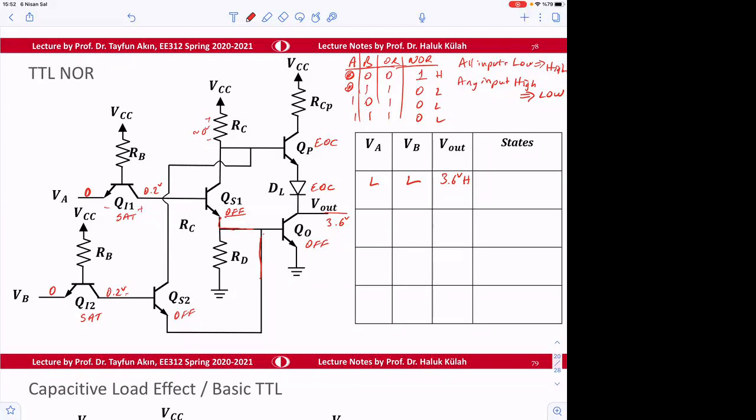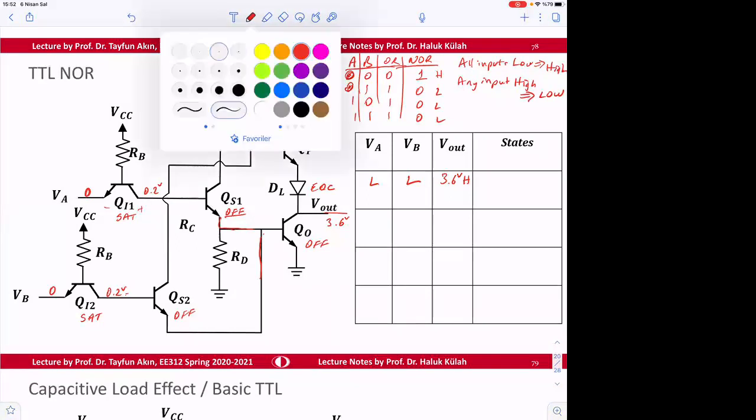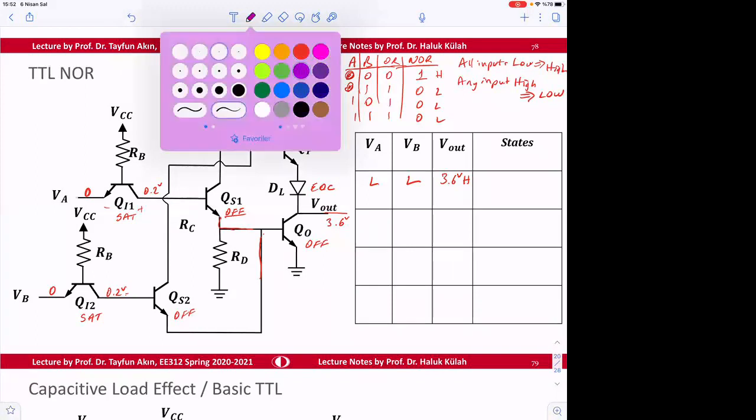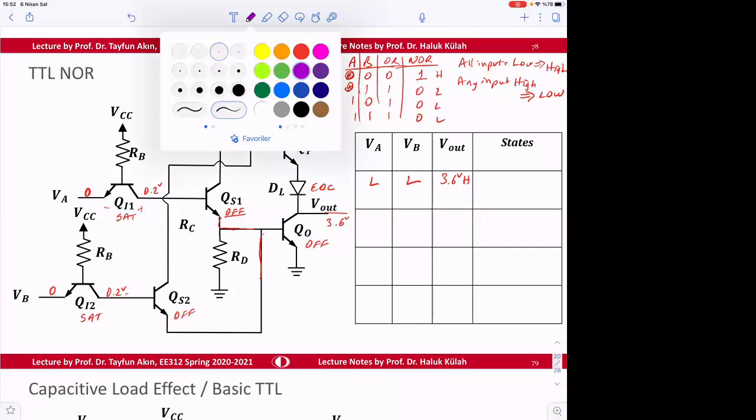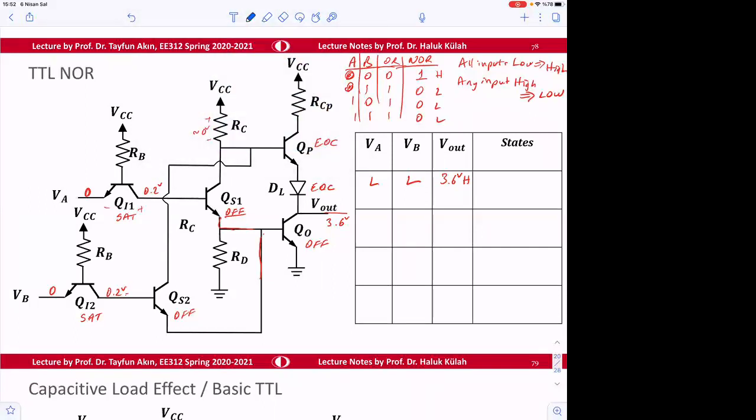The next case is, let's say we select this color, or let's select something contrasting here. So one of them is going to be low and this one is going to be high. So for A we apply again 0 volts, but for B we apply 5 volts.